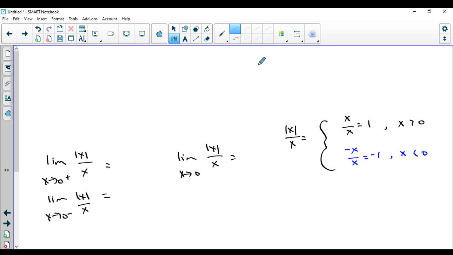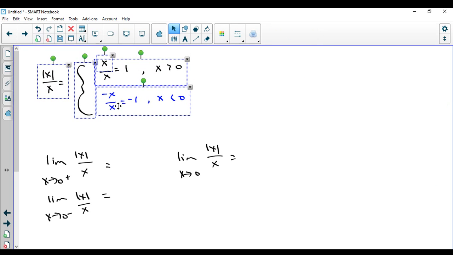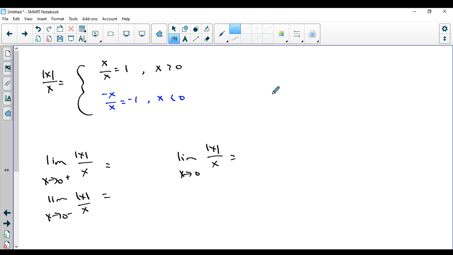So basically what I just did here is I just rewrote this as a piecewise function and got two pieces, 1 and negative 1. So that's actually, if you think about it, going to be fairly easy to graph, right? So if I make a little happy y-axis here and a happy x-axis, basically what we're saying is, all right, for x values that are greater than 0, just sketch the graph of 1.